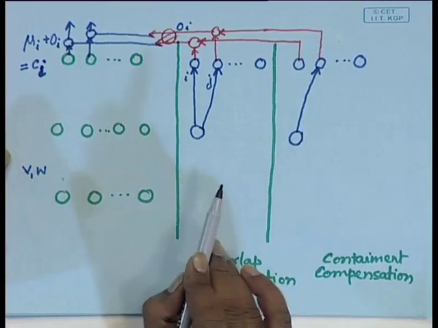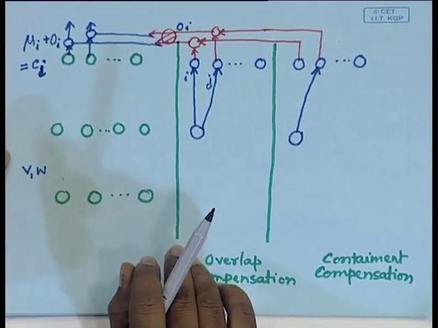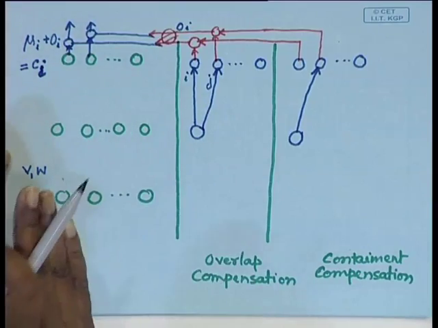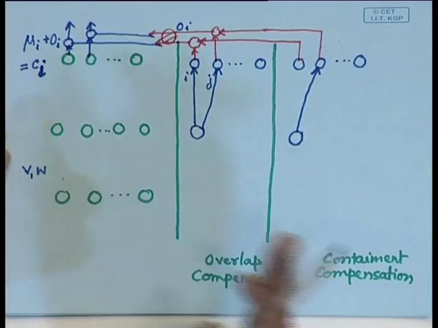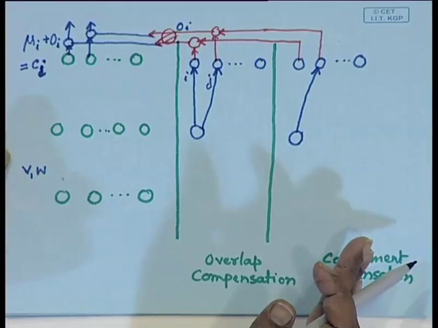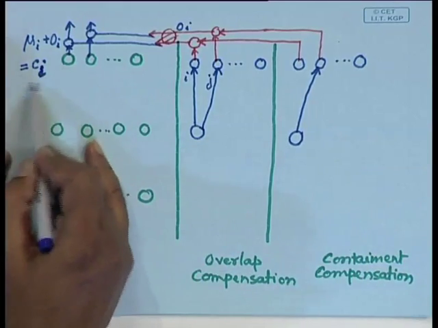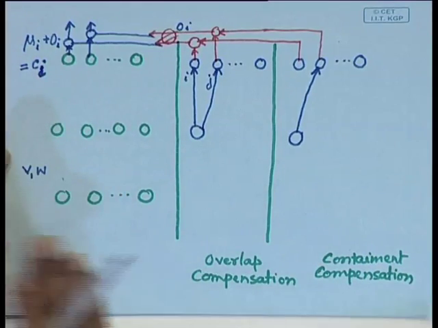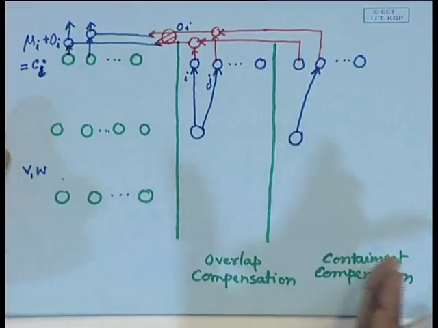This will not be computed if the unknown feature vector falls outside the overlap region or outside the containment region. And when you get the final membership value, your classification will depend upon it. So, the classification, instead of being based on mu I, will be based on C I.